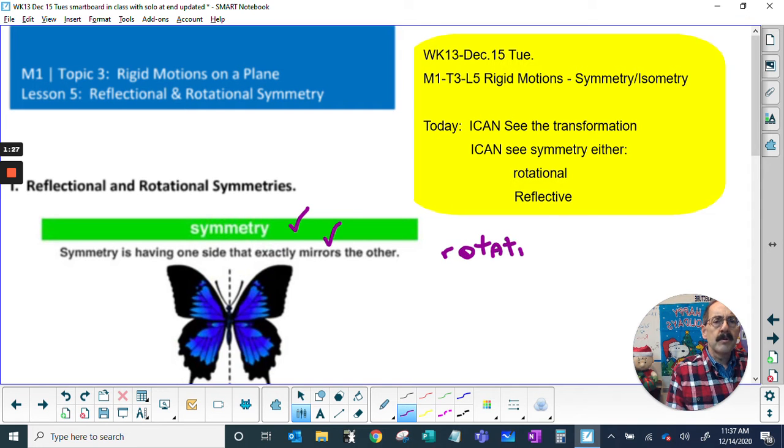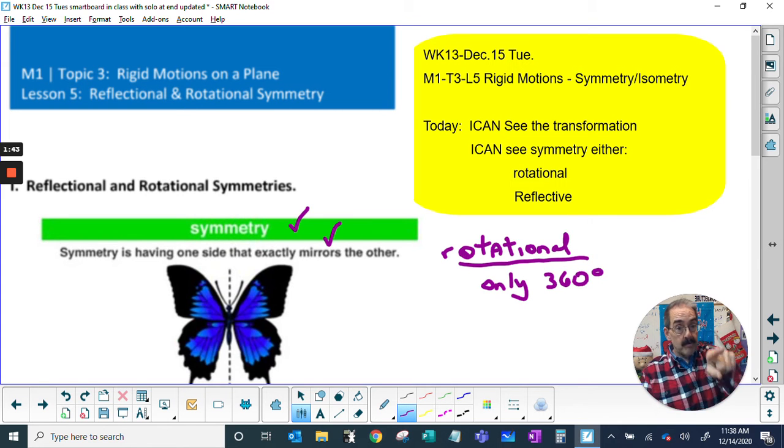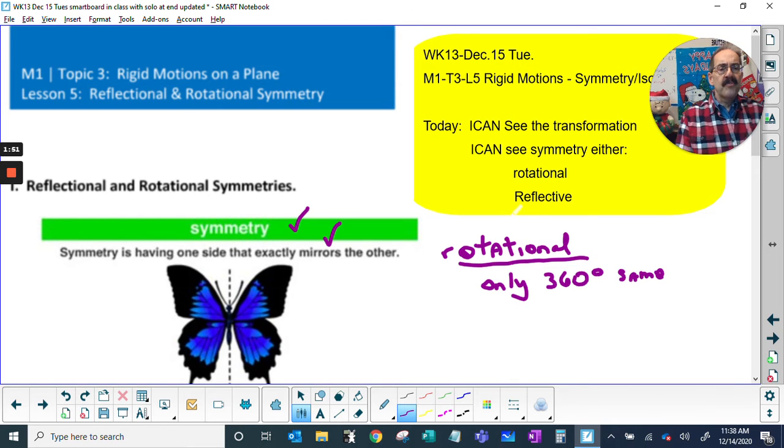In order for it to land on itself, only 360 degrees. It would have to spin all the way around to be the same. How about reflective? The idea of a butterfly is reflective. So, reflective.